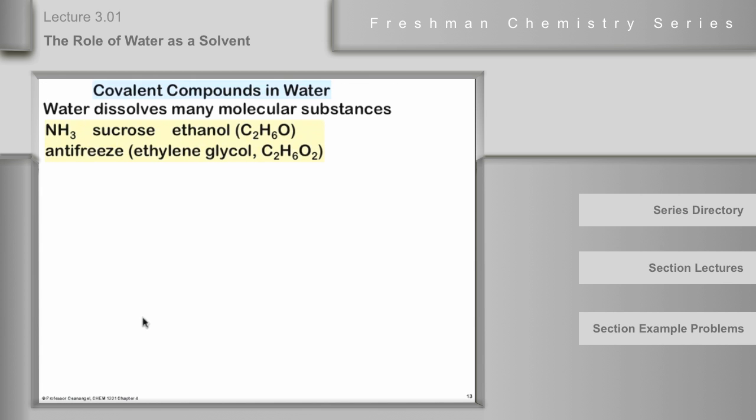Okay, and what about other compounds besides ionic compounds? There are other compounds that dissolve in water. We know, right? Alcohol. Okay, if you drink an alcoholic beverage, it's a solution of alcohol in water, and there may be some other things in there.